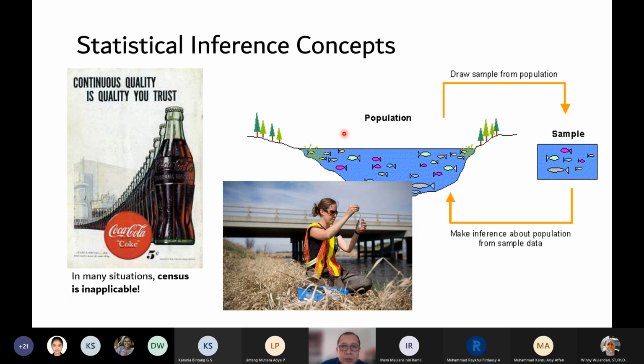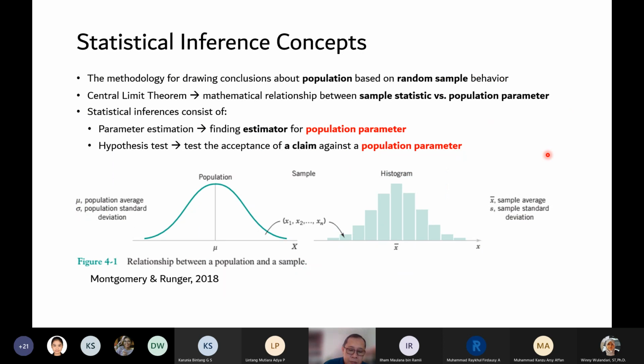Again, we need to somehow draw a conclusion about the population based on a very limited sample. And if you think about it, situations like that abound in chemical engineering, because most of the systems that we study are associated with a conceptual population, and there's no way that we can do a census for a conceptual population.